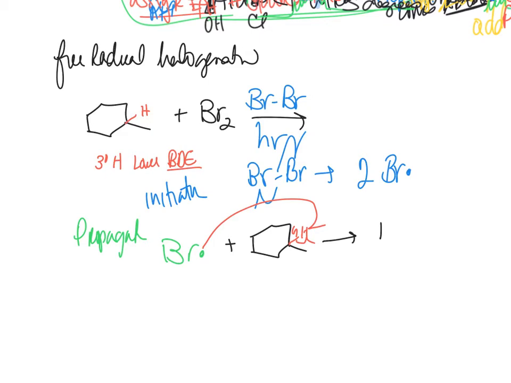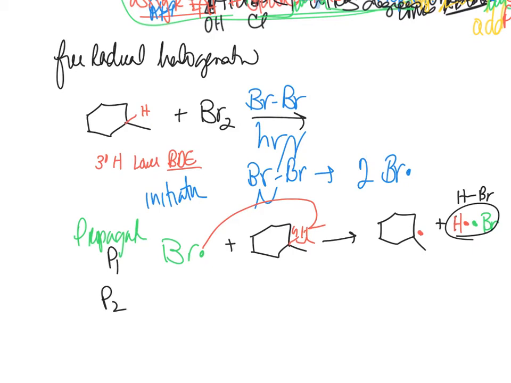And then you get a new radical. Okay, so new electron plus a H. Because 1 electron went with the hydrogen, the other electron comes from the bromine, and that makes HBr. Okay, and so that's propagation step 1.